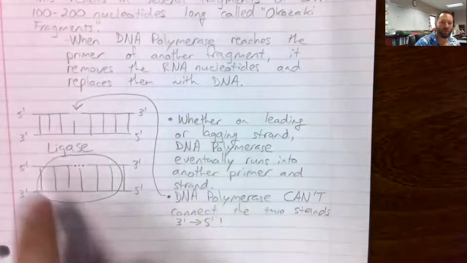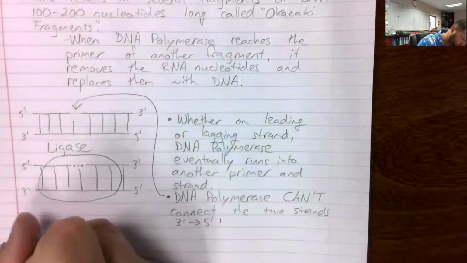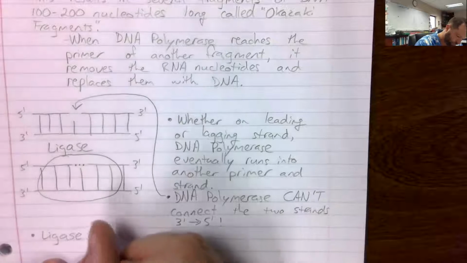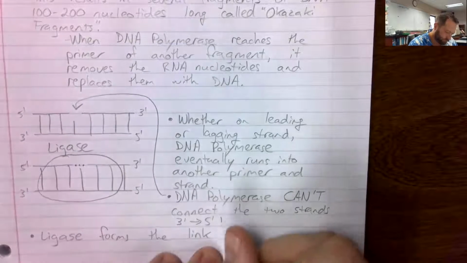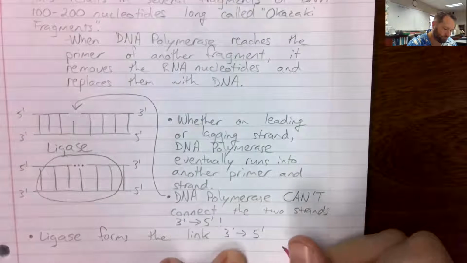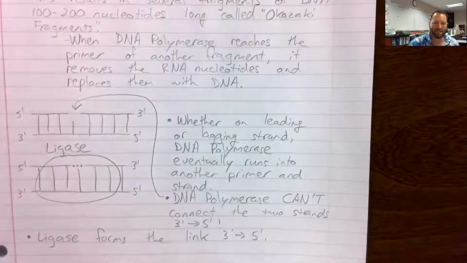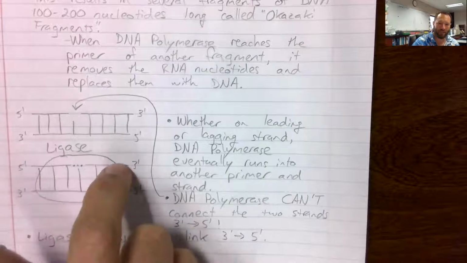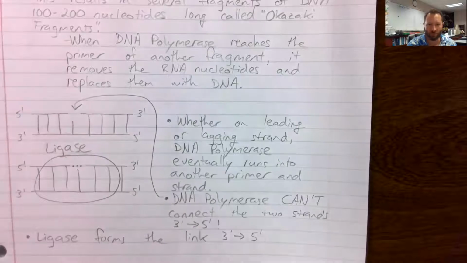So our final enzyme here, ligase, is going to come in and he gets to do his job. So ligase is able to do his job and bridge that final gap, is able to connect 3' to 5'. And so we can link up all of our different segments.